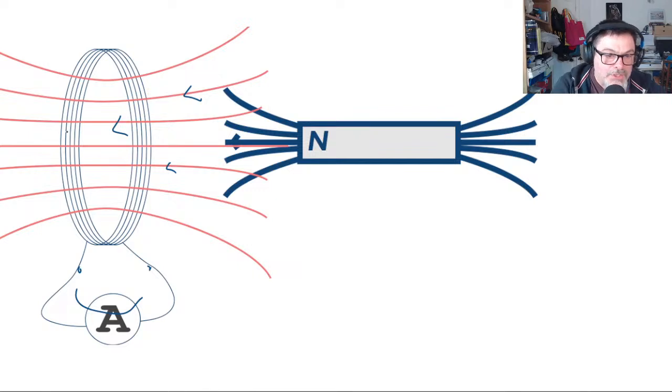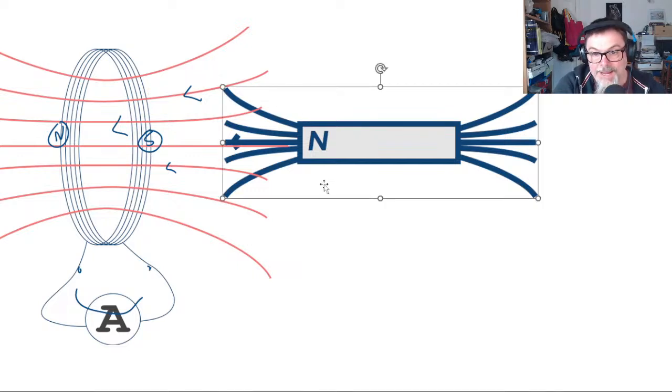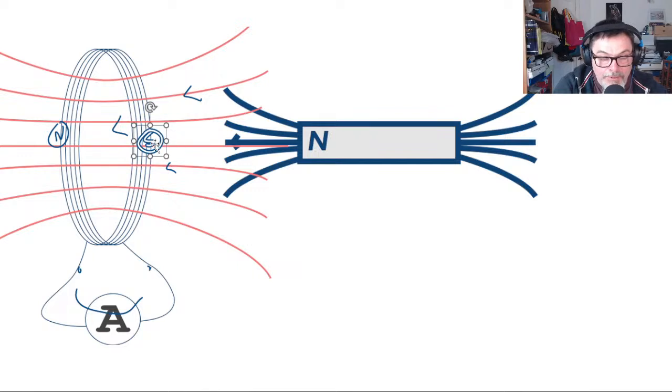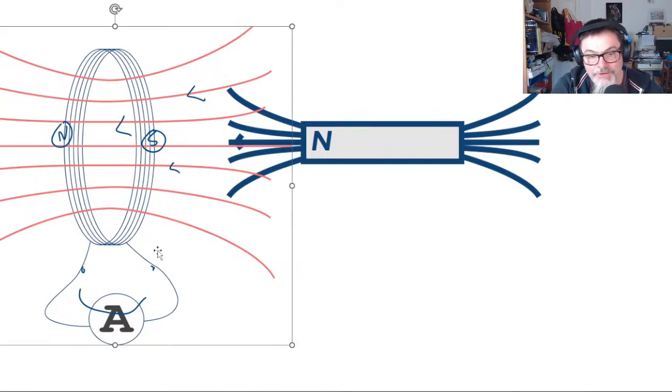You know what, it might be better off actually putting the north and the south right on the coil, because the lines are going into the coil there. Right, so let's just suppose the current, the EMF is flowing left to right, giving us a south there. Well, now we have a problem, because what's going to happen is that we have a north pole at the end of our magnet and a south pole on the right hand side of the coil.